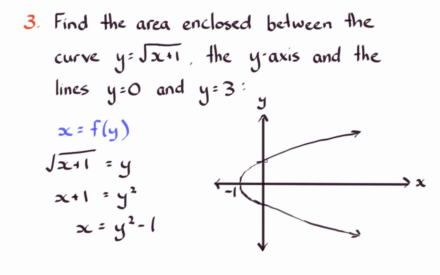And then hopefully you can see, when x equals 0, if you go back to the original function, we've got the square root of 1. So this up here, and then this would be minus 1. But this is the full parabola, right? The original function we were given is just the positive square root. Technically what we've got here is called a relation. We've just got the positive square root, so we actually don't want this bottom half.